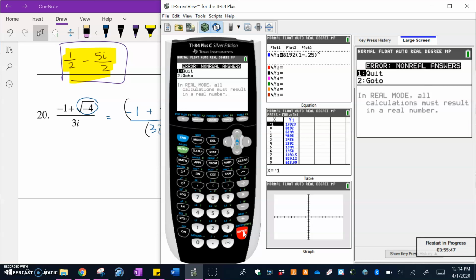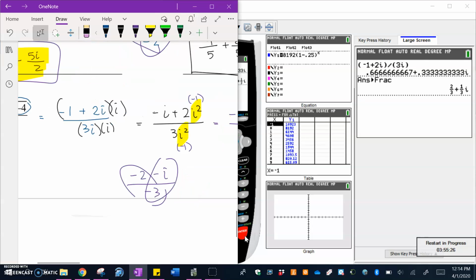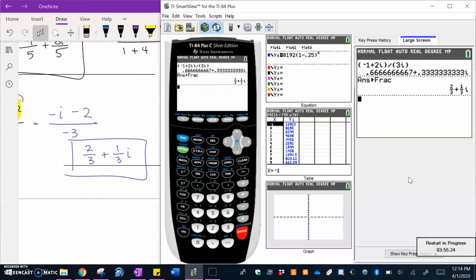So your calculator still cannot deal with square roots of negatives, but if we were to write it as 2i instead of the square root of negative 4, then your calculator actually can simplify that for us. And so you'll notice here we get 2/3 plus 1/3 i.